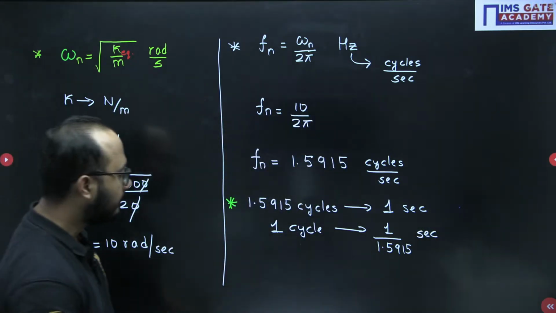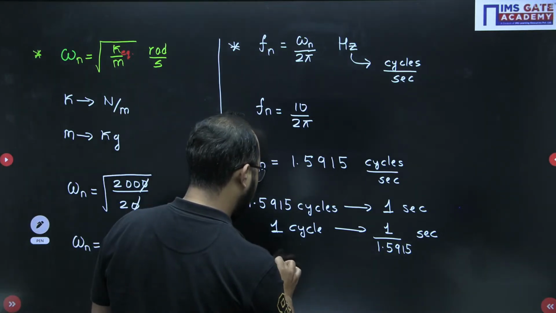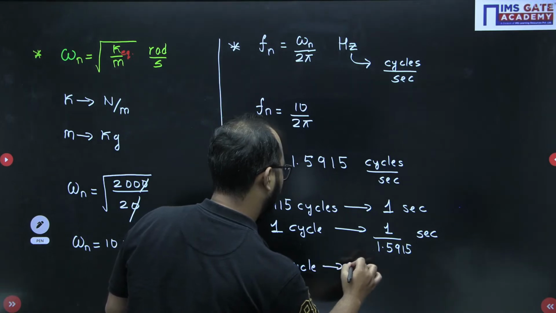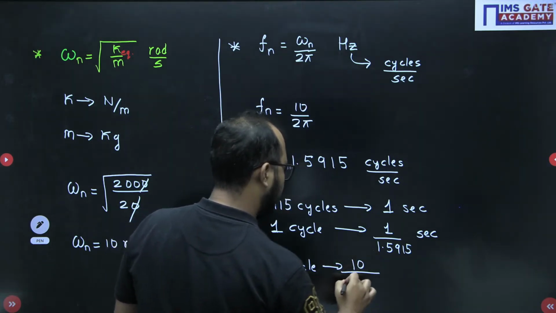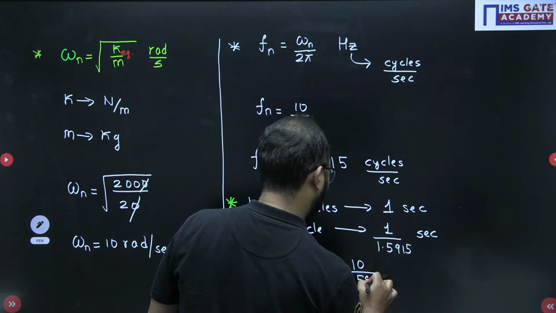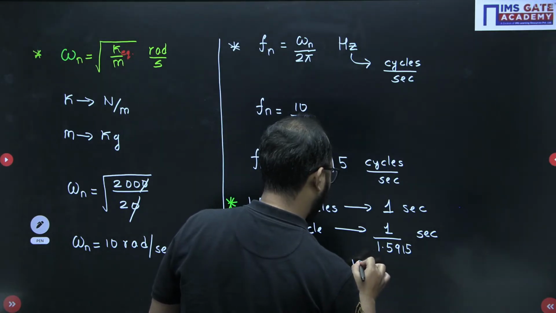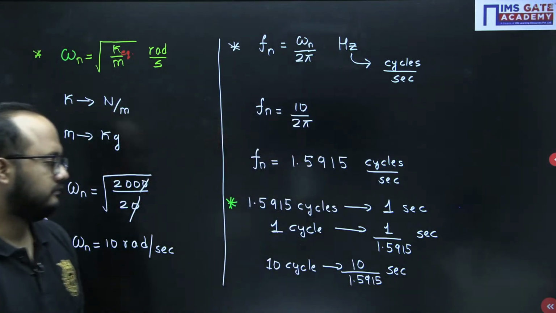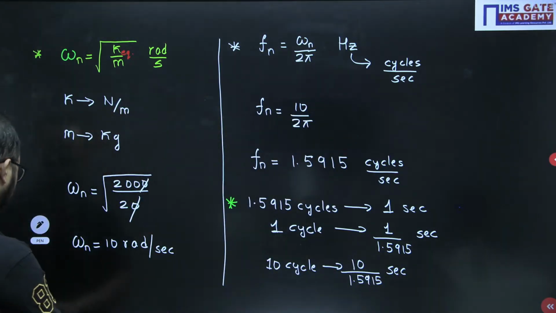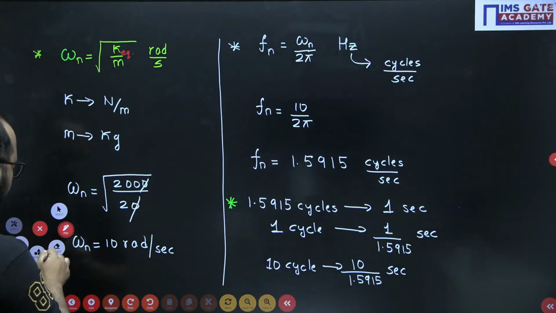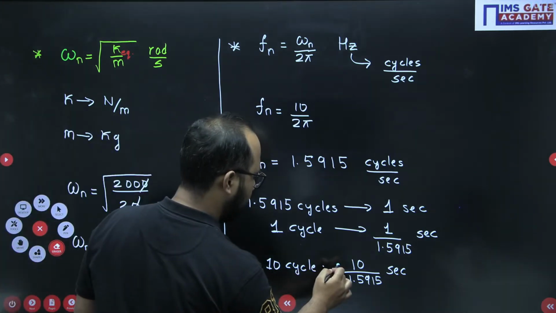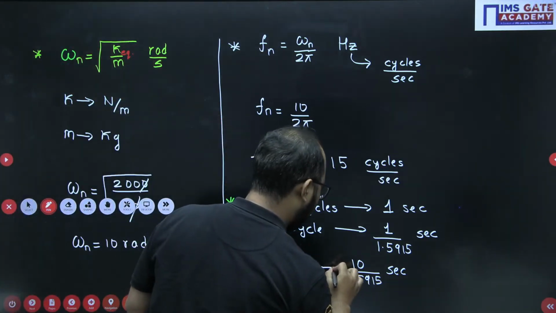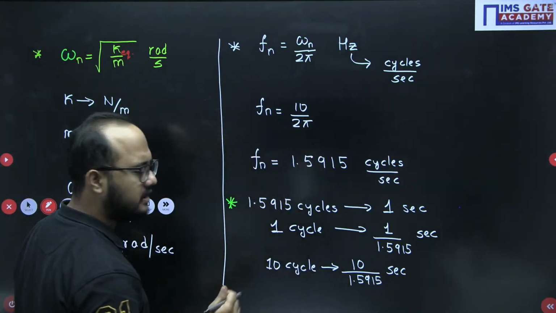Next, I need for 10 cycles or 10 oscillations. 10 divided by 1.5915 second. Clear? This much time will be required for 10 cycles or 10 oscillations.